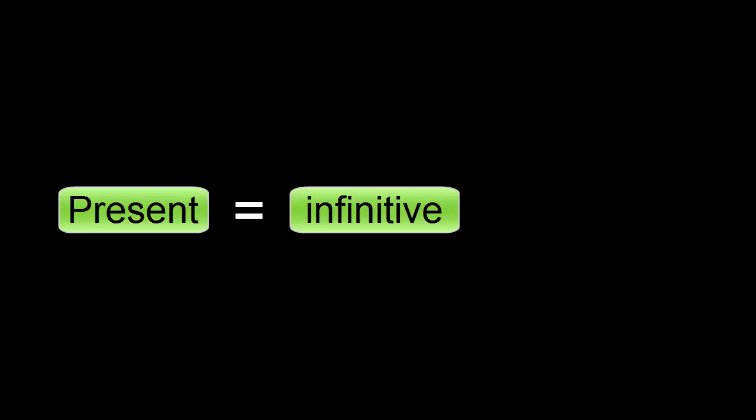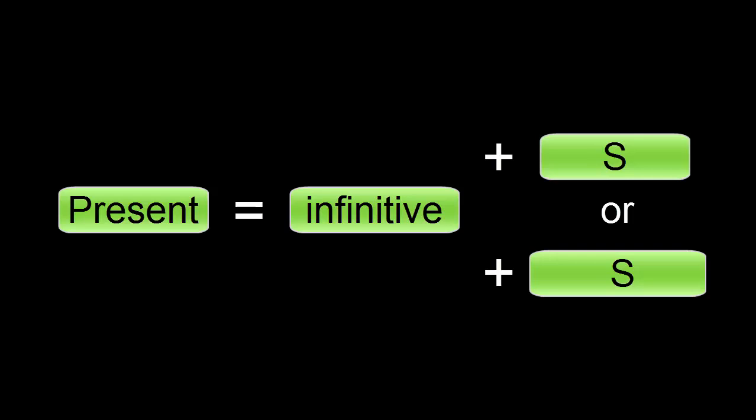First of all, let us talk about the consistence of the present. I mean, what is it made of? So, as I explained before, the present is an infinitive plus an S or without S. To explain this an S or without S, we need to go through the personal pronouns she, he and it.